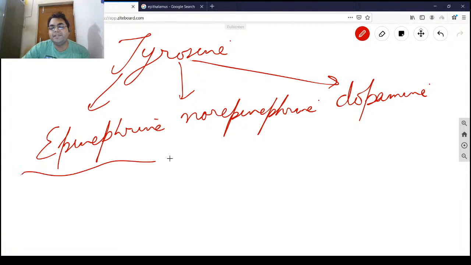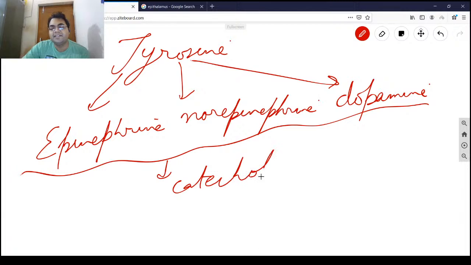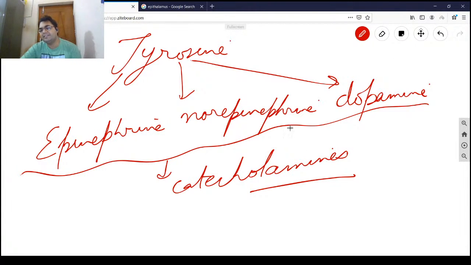These three neurotransmitters are also collectively known as catecholamines in neurology. These three are great NEET questions: catecholamines, and dopamine.